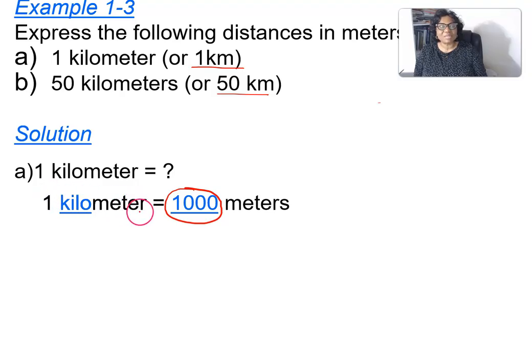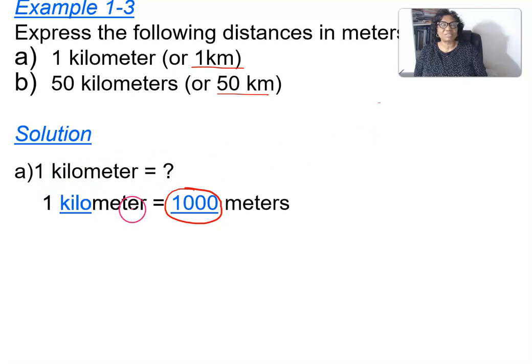So 1 kilometer is just 1,000 meters, because meter is a metric unit and its value is 1. But kilo, its value is 1,000.